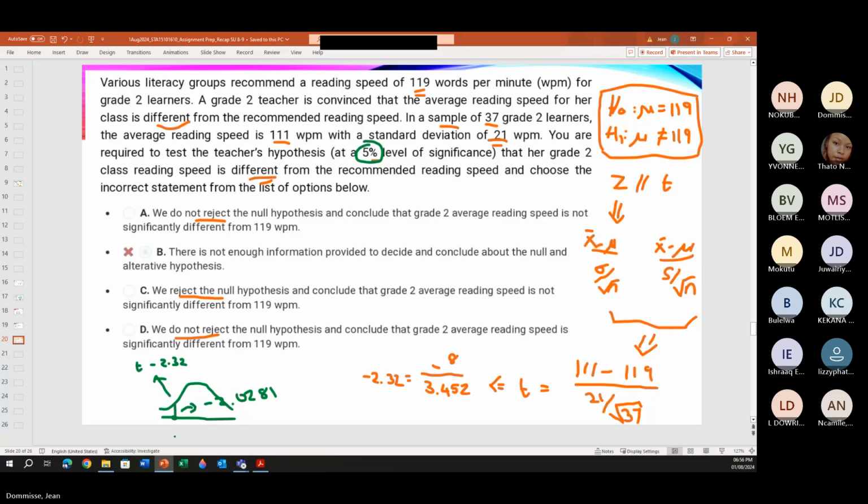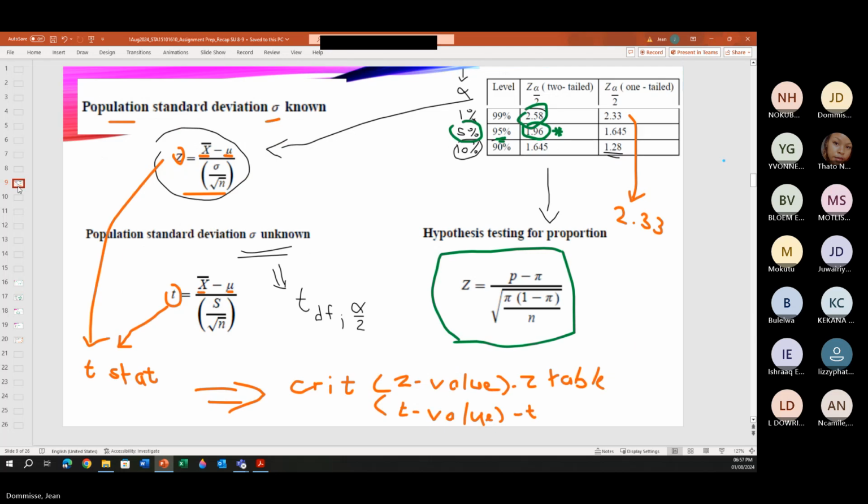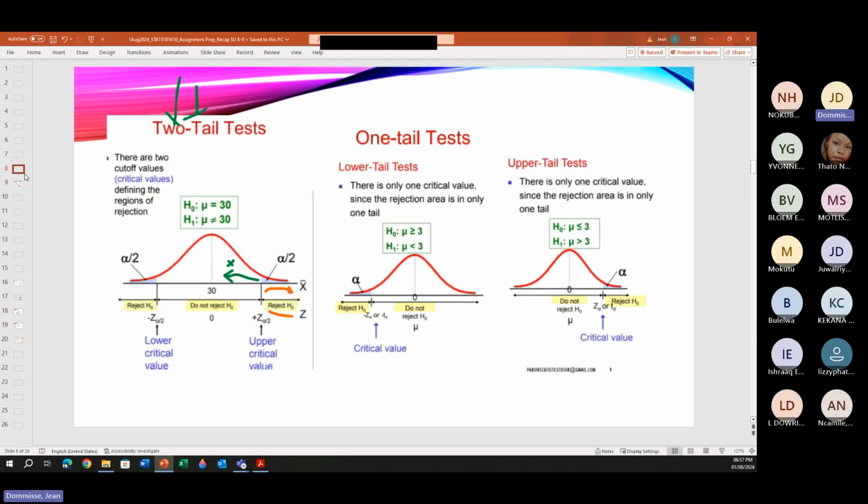So let's look at our picture. Okay, so lower critical value. The critical value was minus 2.0281. The T-stat was minus 2.32, I think.